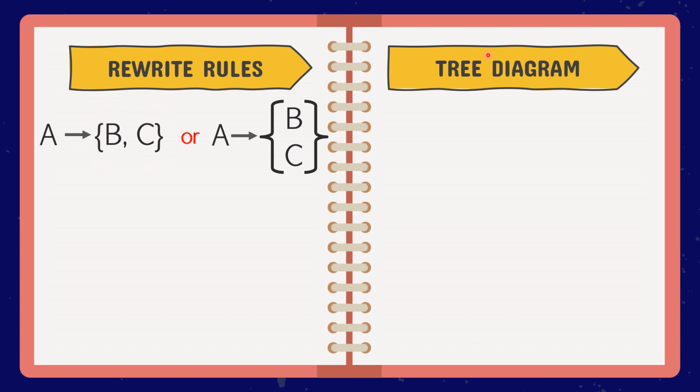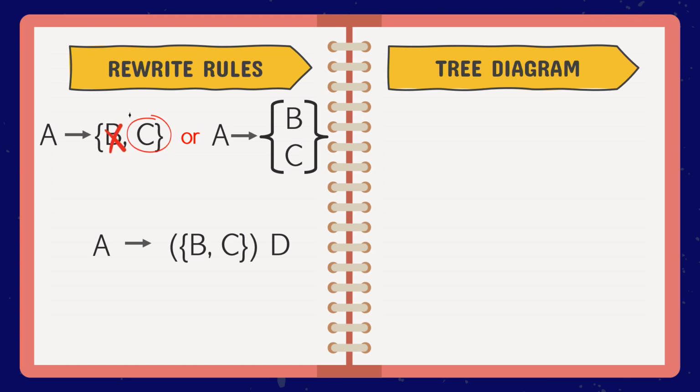This means that when you choose B, you can't choose C. Or if you choose C, you cannot choose B. You only have to choose one, either B or C, but not both.